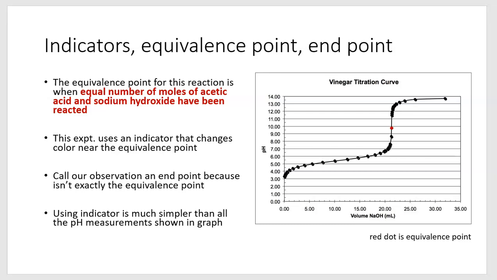Sometimes you'll see a distinction between an equivalence point, the actual spot where the moles of acetic acid and sodium hydroxide are equal to each other, and an endpoint, which is when we observe a color change in the solution due to the indicator changing color. That will be at a slightly different pH than the equivalence point, but it'll be pretty close.